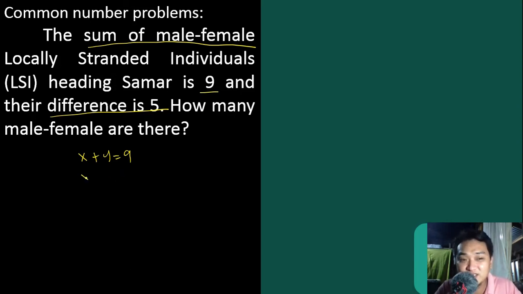So again, that is x minus y is equivalent to 5, where x here stands for the number of male LSI and y here stands for the female LSI.